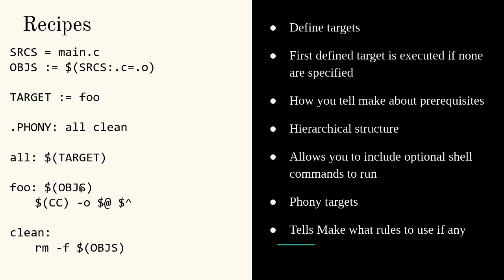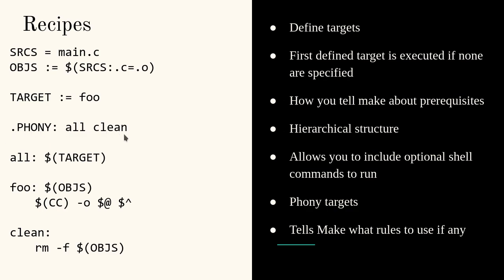So all is what's called a phony target, and a phony target is a target in Make that produces no output. In Make, if you don't have an output file that's considered up to date, Make will run every single time. Even though we want it to run every single time, it's a good idea to tell Make that it's in fact a phony target.